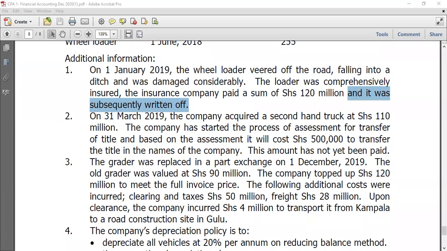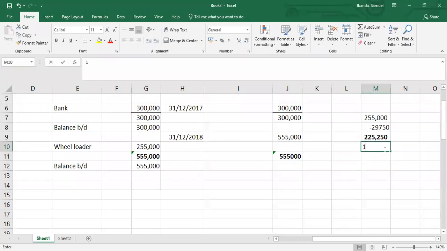So that should give us an indication of something that we have to write off the balance. Ideally, given that the insurance company gave us 120 million, the balance should be written off. The 105 should be written off. Okay.